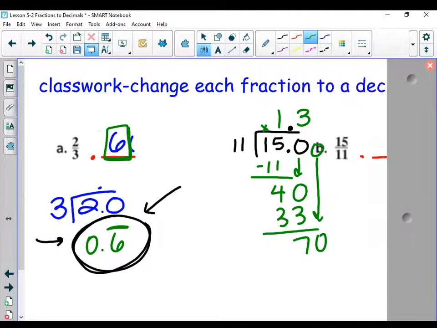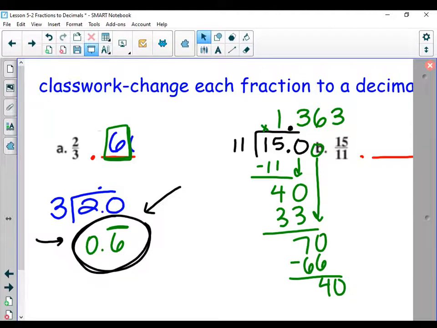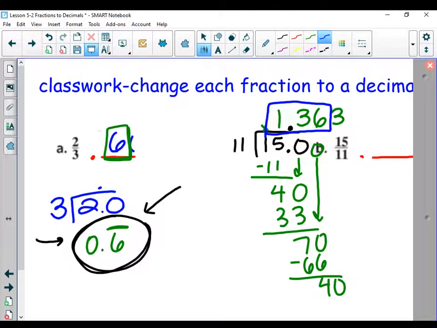Does 11 fit into 70? Yes. Does 11 fit into 40? Yes. I see something. What's repeating? Just the 3 and the 6. Not 3, 6, 3 repeats. Just the 3 and the 6.